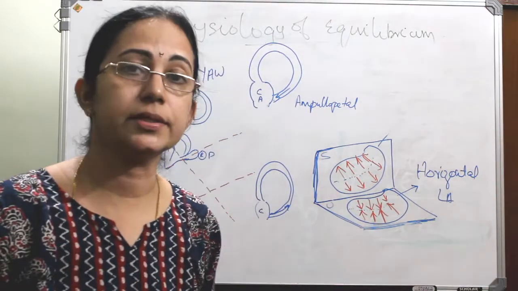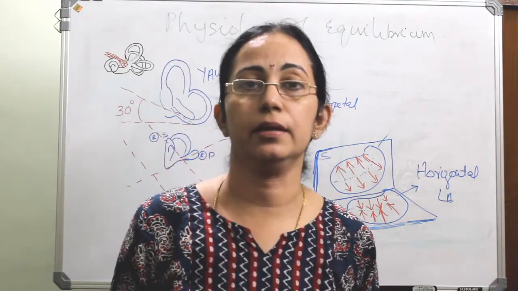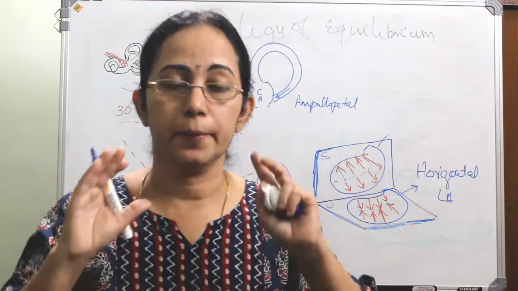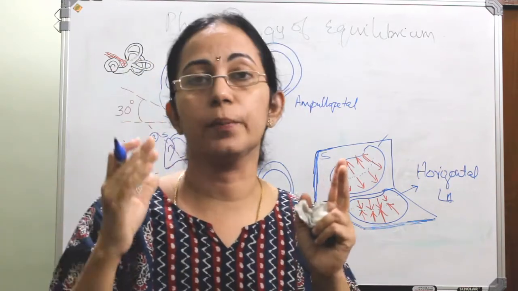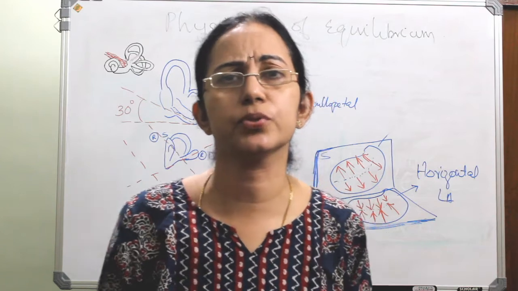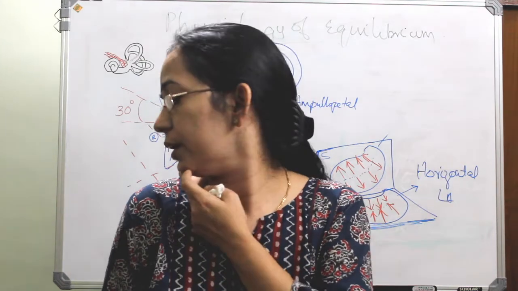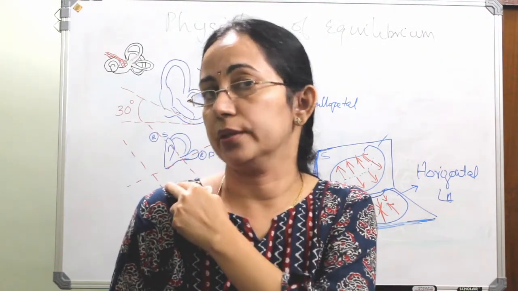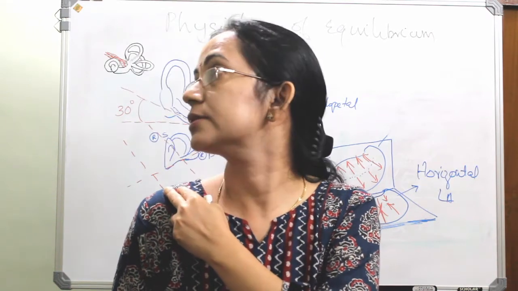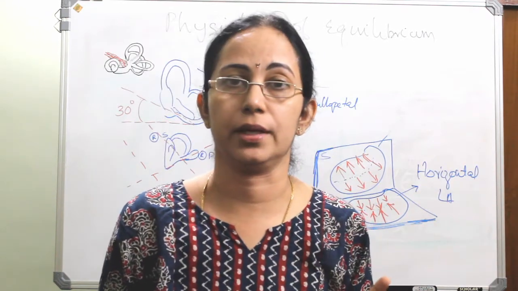Okay, of that also the posterior semicircular canal responds maximally to the pitch as well as the roll movement in yaw position. What is this yaw position? That is the jaw approximated to the shoulder in this position. If I do like this, that is my posterior semicircular canal, right?